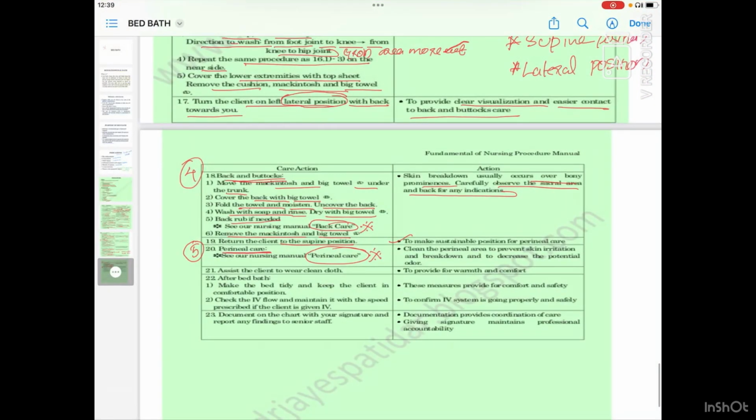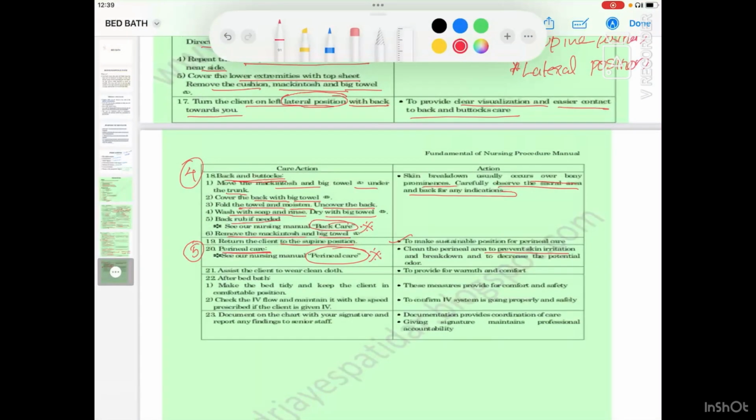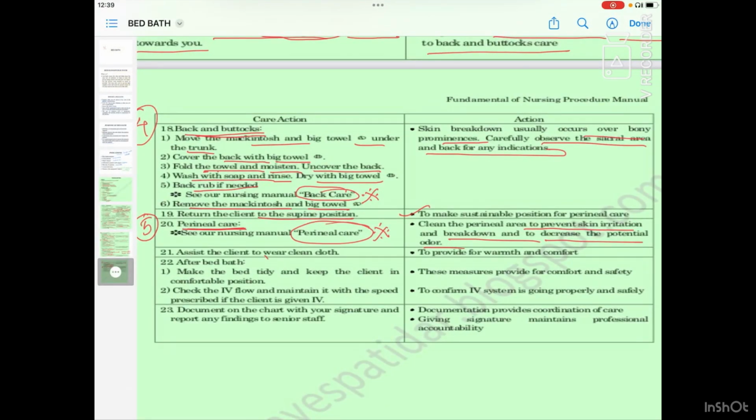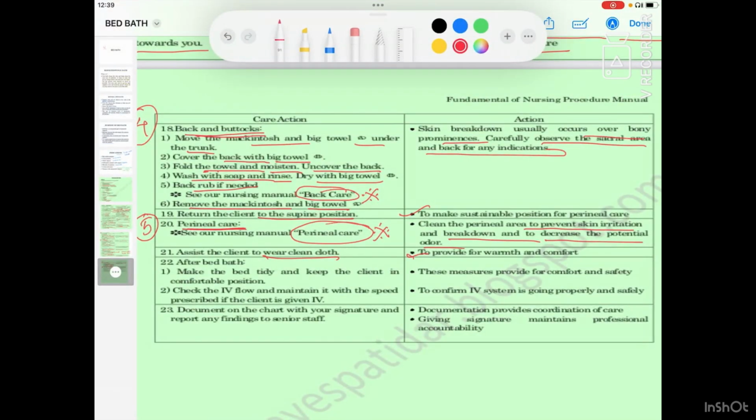Clean the perineal area to prevent skin irritation and breakdown and decrease the potential odor. Then assist the client to wear clean clothes and provide warmth and comfort. After the bed bath, make the bed tidy and keep the client in a comfortable position.